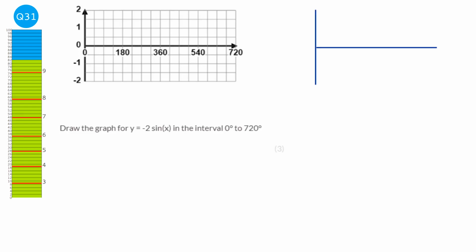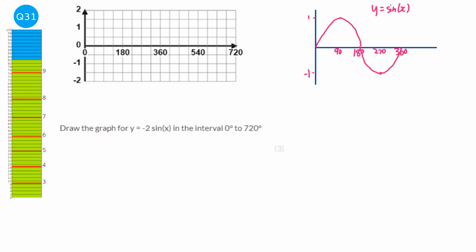It's always important with these questions to realise what the normal graph will look like before we have a look at what the new function will look like. So it's always good to remind yourself what a y equals sine x graph looks like, and it fluctuates between 1 and minus 1, and it goes up first of all at 90, goes back down at 180, down to minus 1 at 270, and then back up at 360.